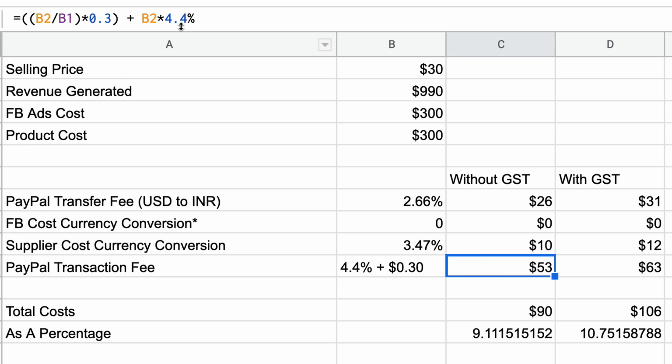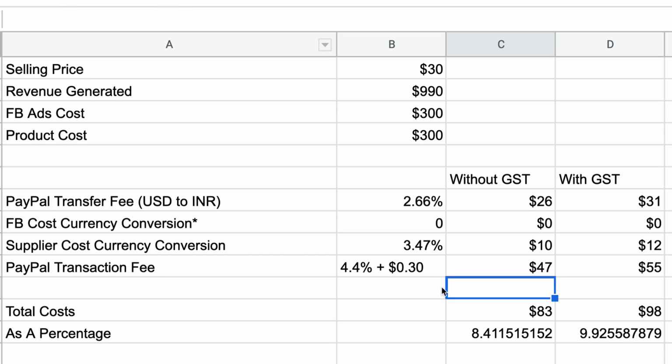In my case, I have 3.7%, so I'm just going to add 3.7% here instead of 4.4%. Again, the costs are going to reduce. But even in this best case scenario, where you're probably scaled to say $80,000 per month and you have a Facebook ad account in INR, you're paying about 10%.